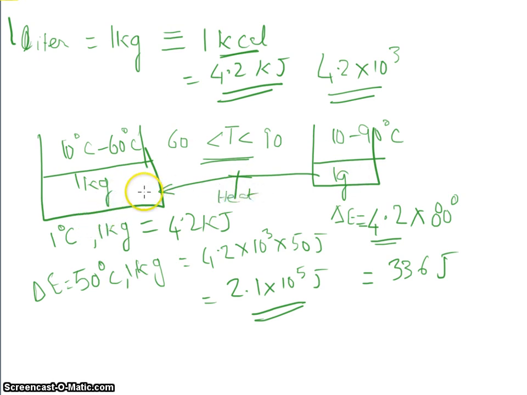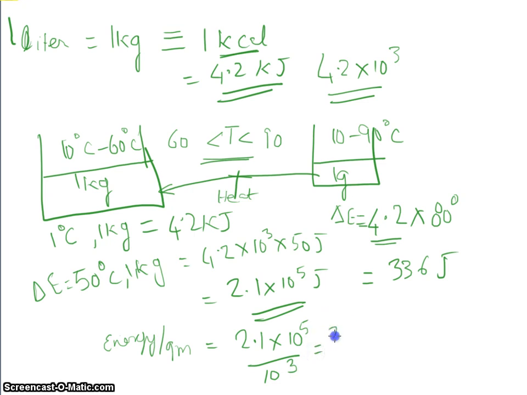Now why is it not intuitive? How can we make it intuitive? Now if you look at this 2.1 into 10 power 5 joules, if you imagine this is the net energy of this water, now what is the energy per gram of water? That's equal to 2.1 into 10 power 5 divided by 10 power 3.